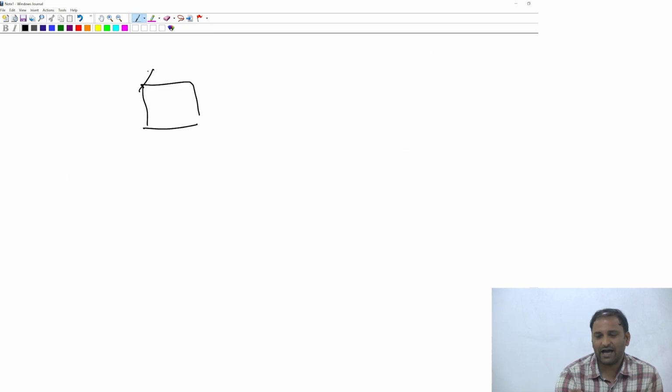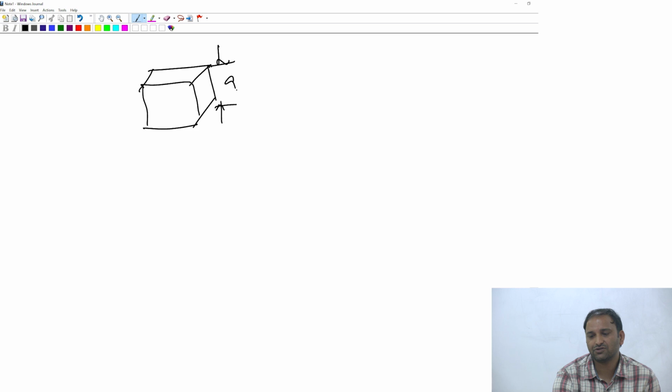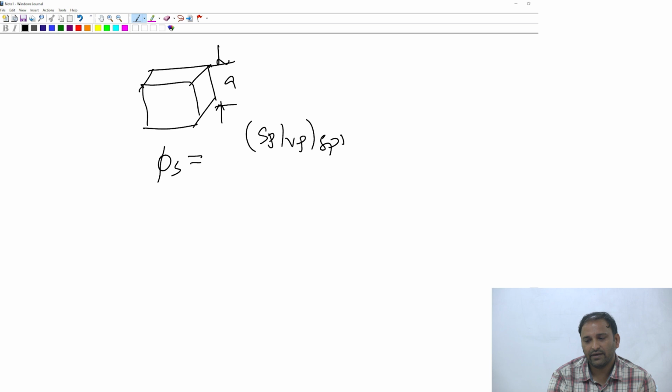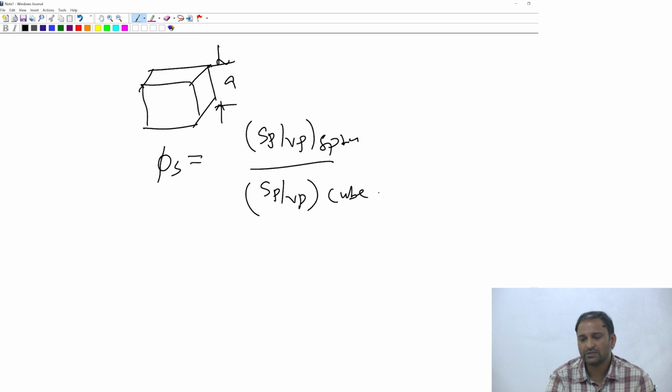Let's say that I have a cube, and say that the dimensions of the cube is a. I would like to find what is the phi s for this cube. So I'm going to write it as Sp by Vp of a sphere divided by Sp by Vp of a cube.